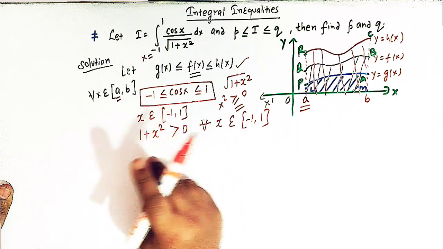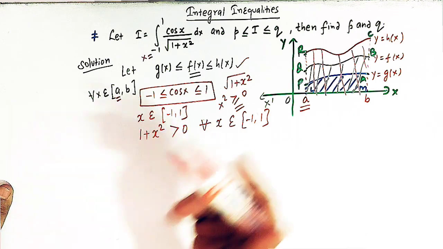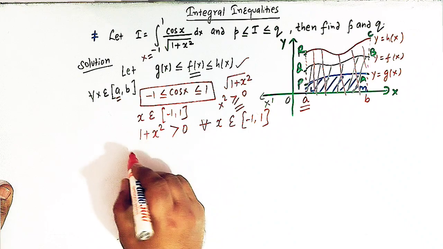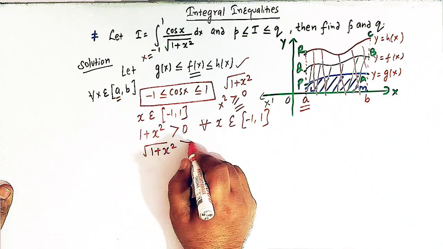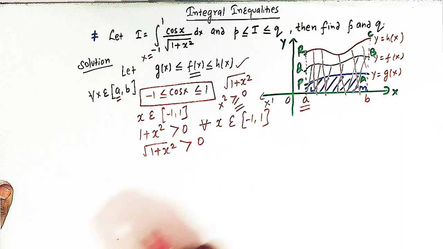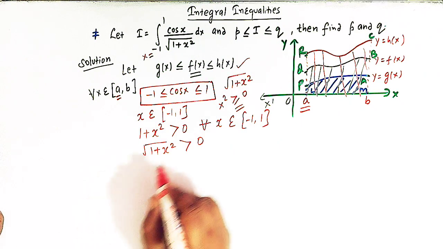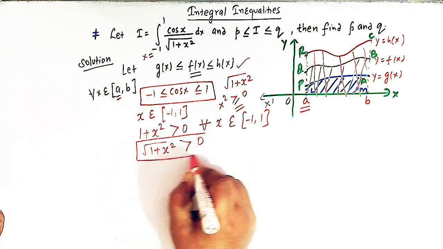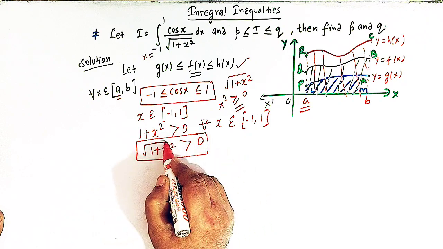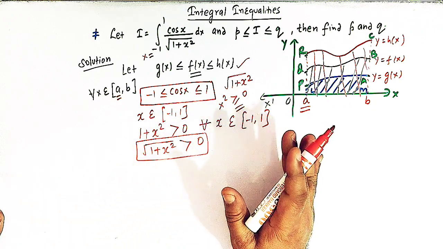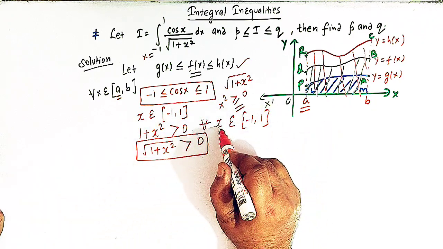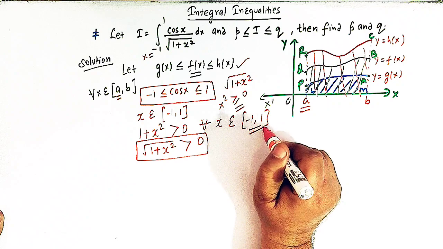So now if we take the square root, in other words we can also say that the square root of 1 plus x square is also going to be greater than 0 for all values of x, right? So now we see that the quantity square root of 1 plus x square is never going to be 0 for all values of x belonging to this interval, right?